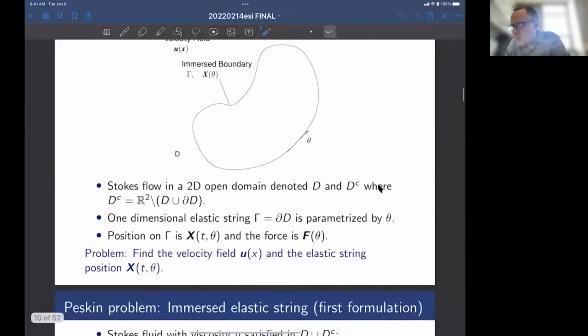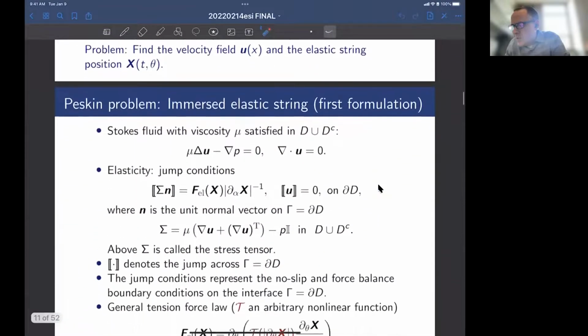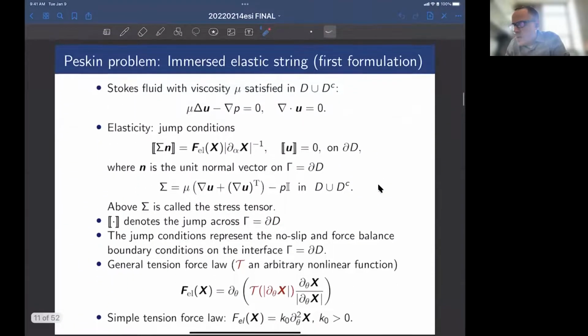And the problem is to find the velocity field U and the elastic string position capital X dynamically over time. This can be formulated in the PDE way as an immersed elastic string. You can look at it as a Stokes fluid with viscosity mu. So mu Laplacian U minus gradient P equals 0, and you have a divergence free condition, divergence U equals 0. And you also have jump conditions.